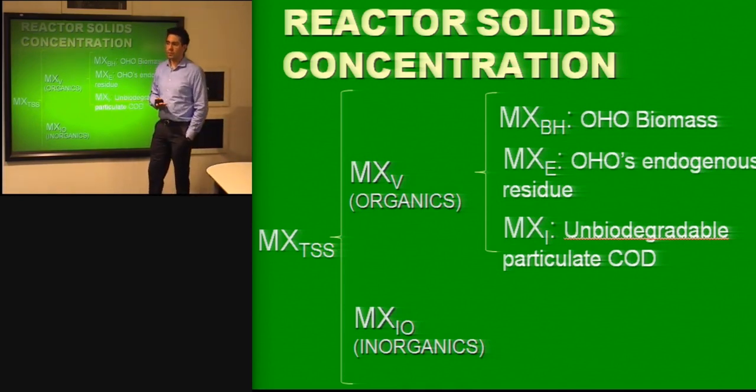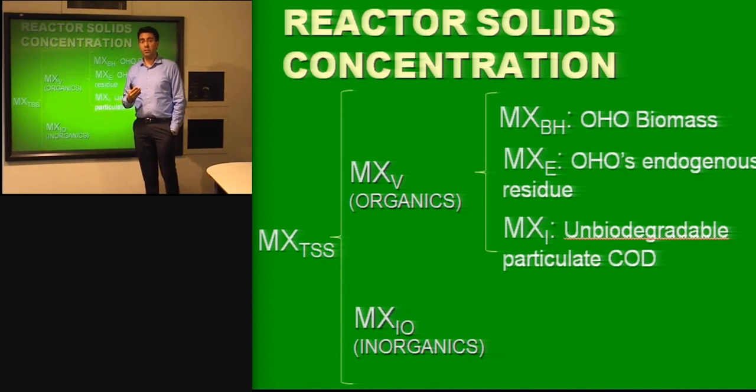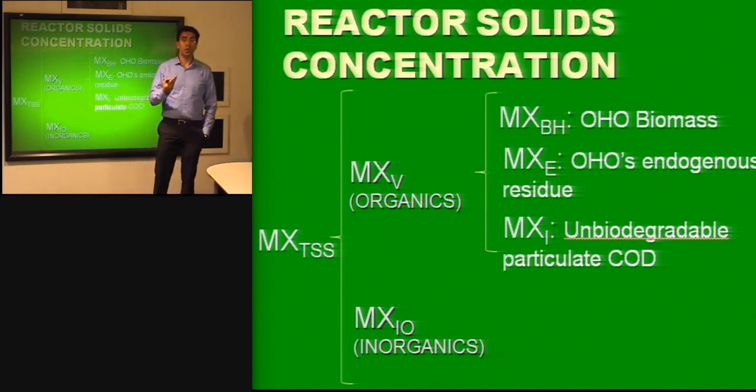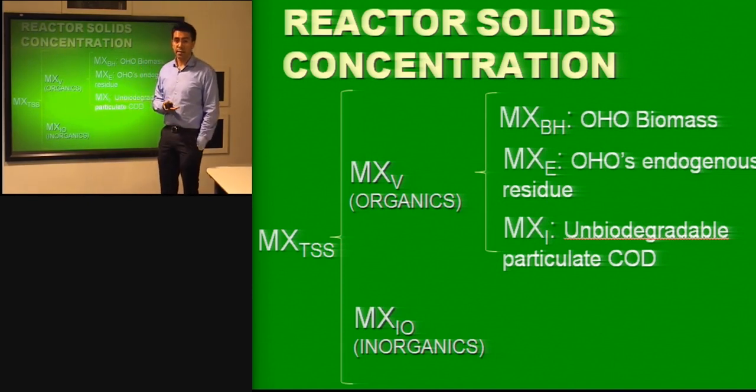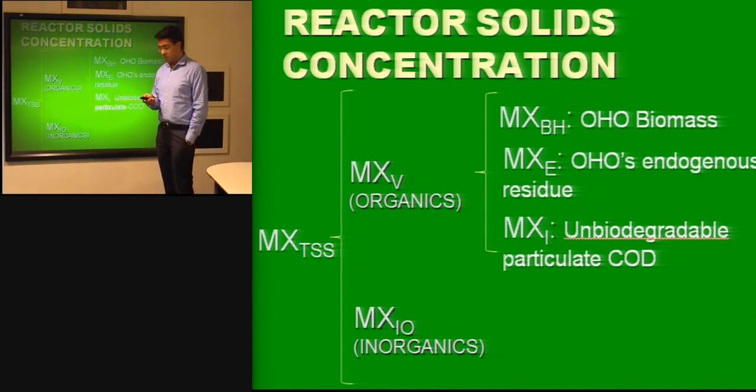Of course, we have noticed that a big portion is not degraded. But there is also another portion that is biodegraded. That portion that is biodegraded, if it is able to remain in the system during the operation of the plant, will lead to the accumulation of solids.